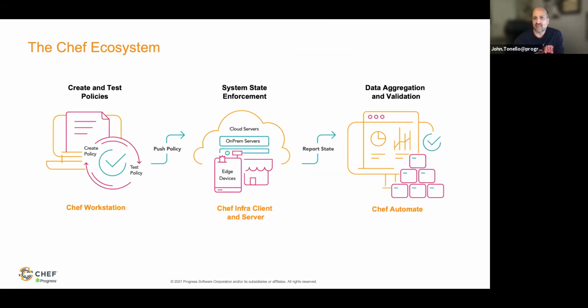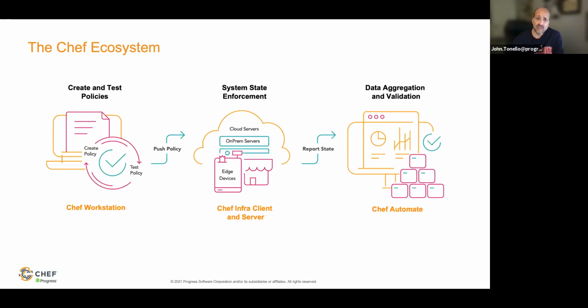Developers then take those policies, and I like to say non-digital content sometimes, someone might have a spreadsheet or documentation somehow. They turn that into Chef code using the workstation tools and tools like VS Code or a typical IDE, the kind of smart shell and text environment that developers use.